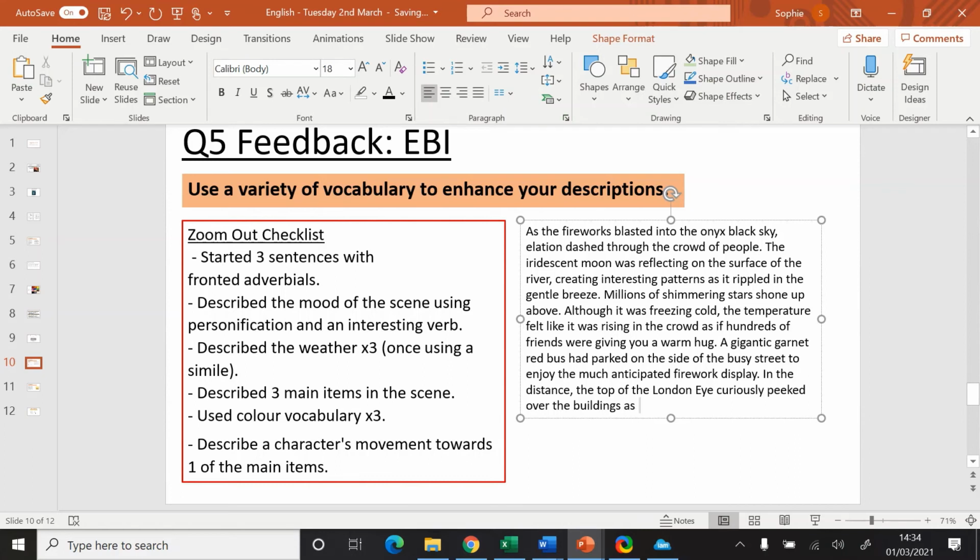As if it was also trying to get a glimpse of the celebrations. And that's quite nice because I've had both the bus and the London Eye trying to get involved with the celebrations, which creates quite a nice link of ideas. And then finally, I'm going to look at the clock. So I'm going to start with every second because a clock ticks every second.